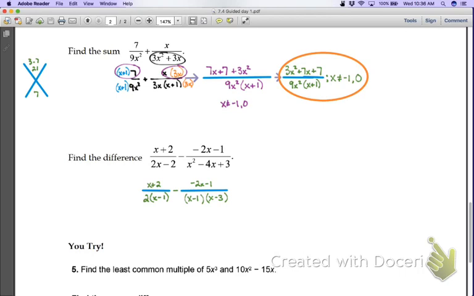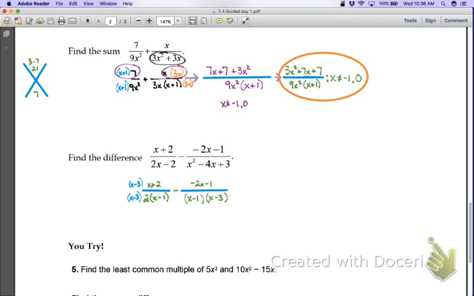What is the first one missing that the second one has? X minus 3. So I'm going to have to multiply this by x minus 3 and this by x minus 3. What is the second one missing?